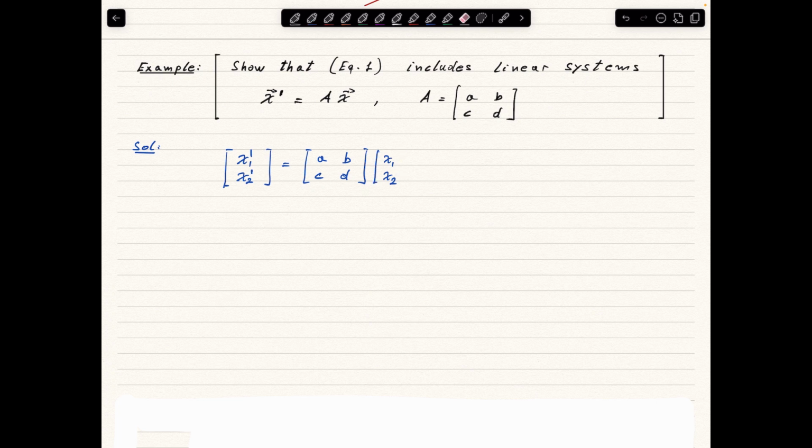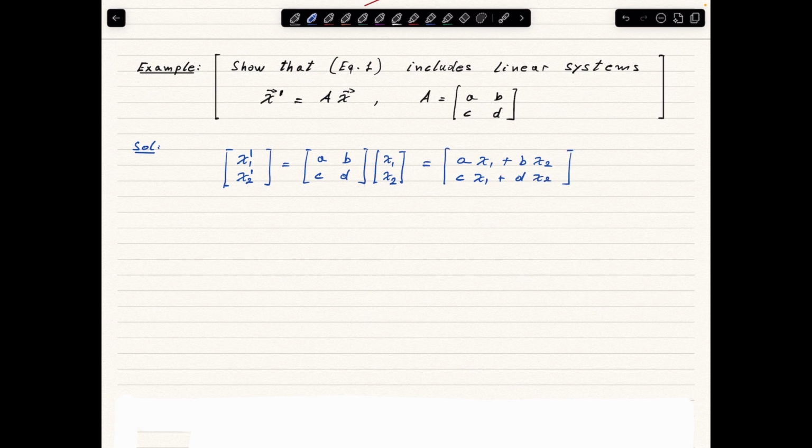Let's write it a little bit nicer. The matrix vector product, if we recall, is going to be A x1 plus B x2, and here we have C x1 plus D x2.